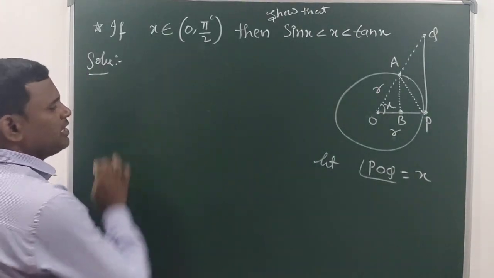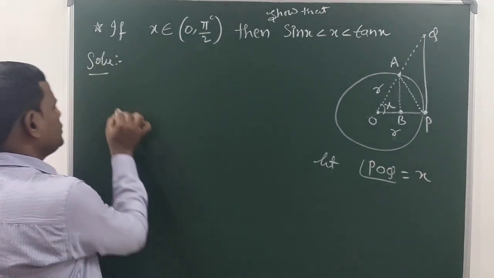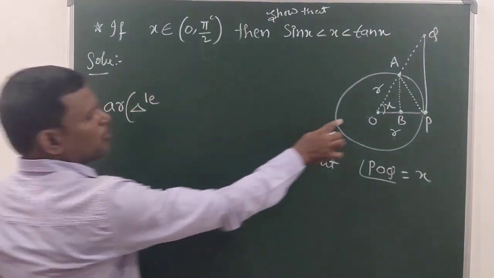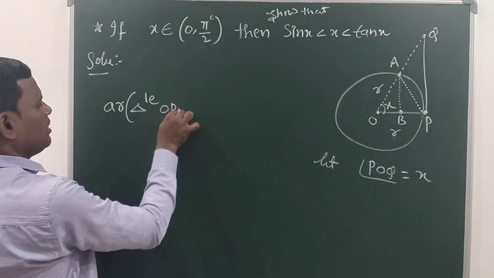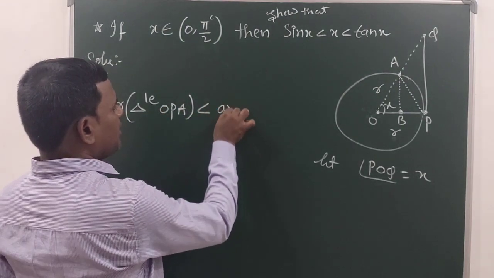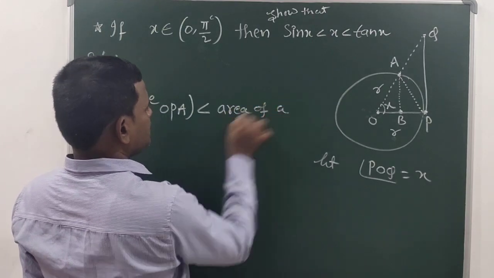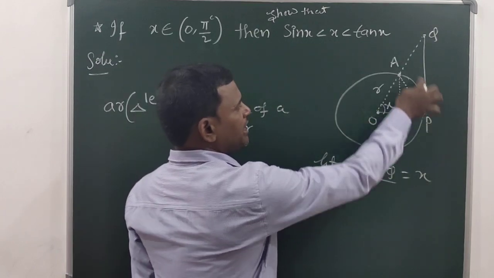Now after that, observe the figure carefully, in which you can say that area of triangle OPA is smaller than area of a sector OPA.